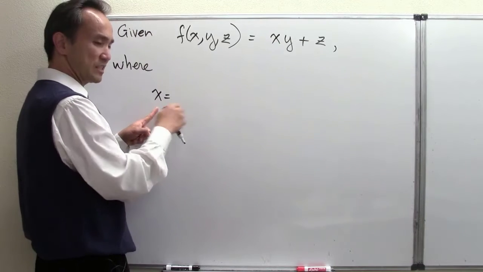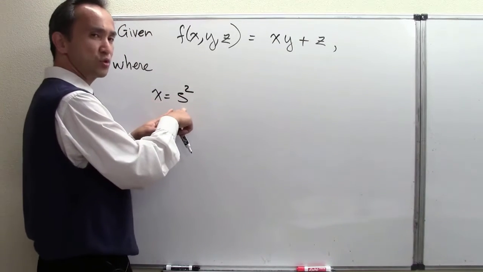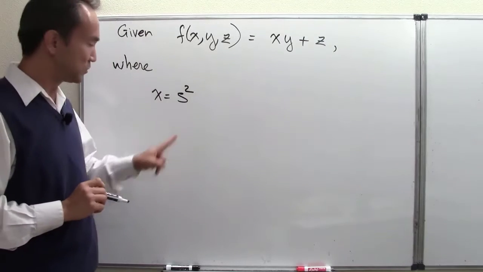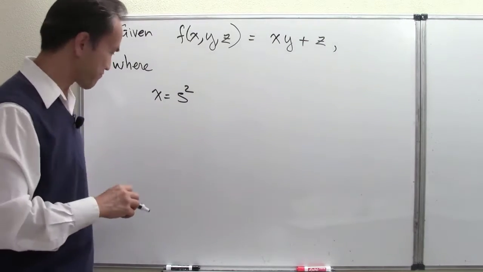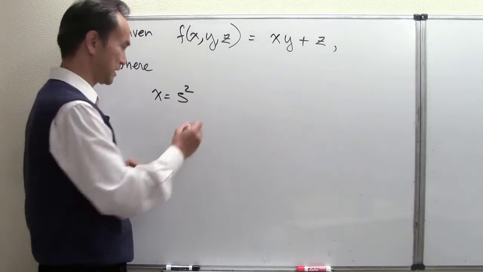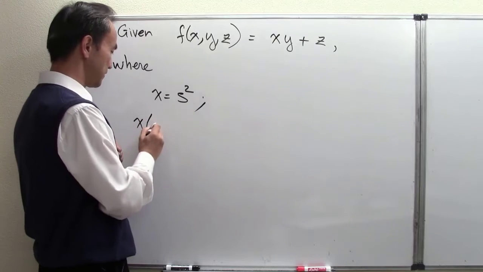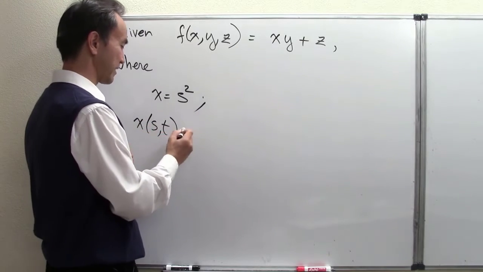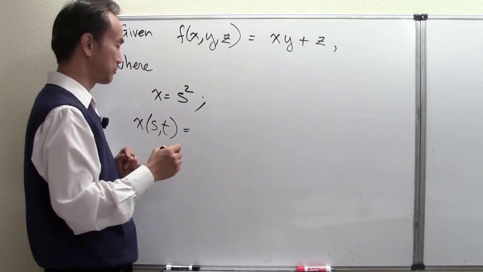So x is defined as a function in terms of s and t: x equals s squared. Even though we don't see t here, x is a function of 2 variables, s and t, even though t is not directly present in this particular definition.